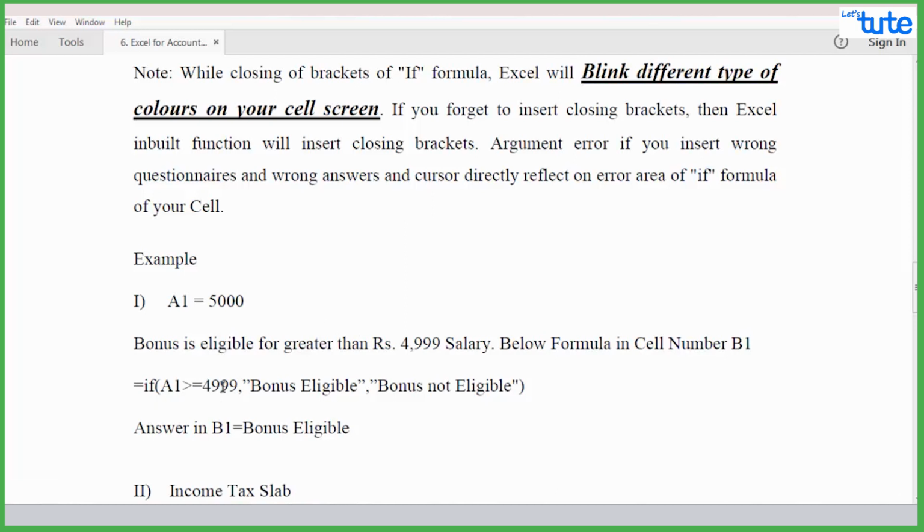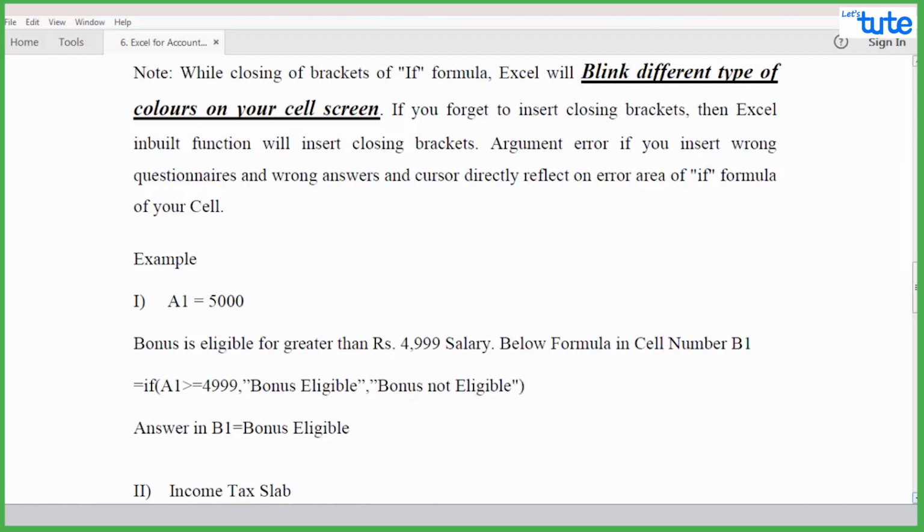If A1 is greater than or equal to 4,999, then bonus is eligible. If the condition is not satisfied, bonus is not eligible. Please note that there is no space bar. If you are answering alphabetical, then you have to give quotes. If you are answering numerical data, then quotes are not required.